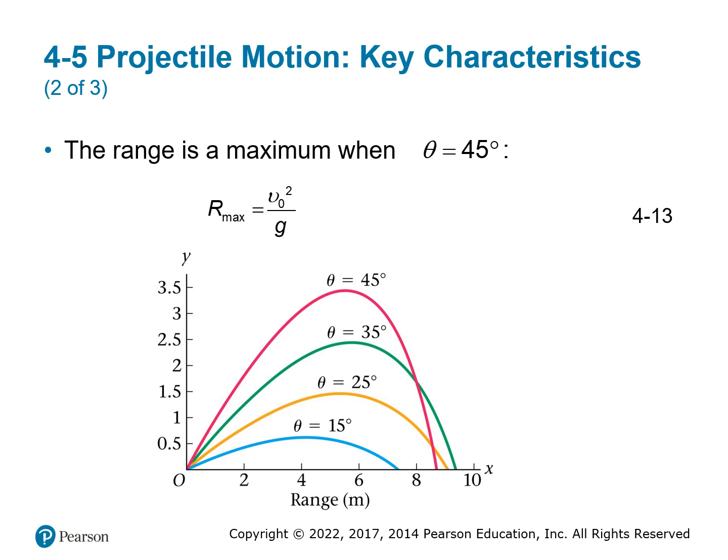On this graph, you can see different ranges and the different angles. Now, these are lines in the real world. So notice how the parabolas aren't equal on both sides. This is not ideal world. This is real life.